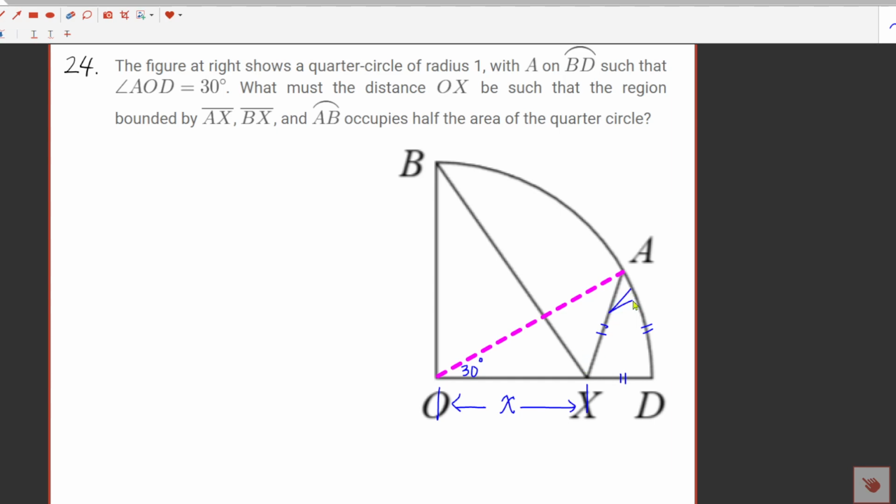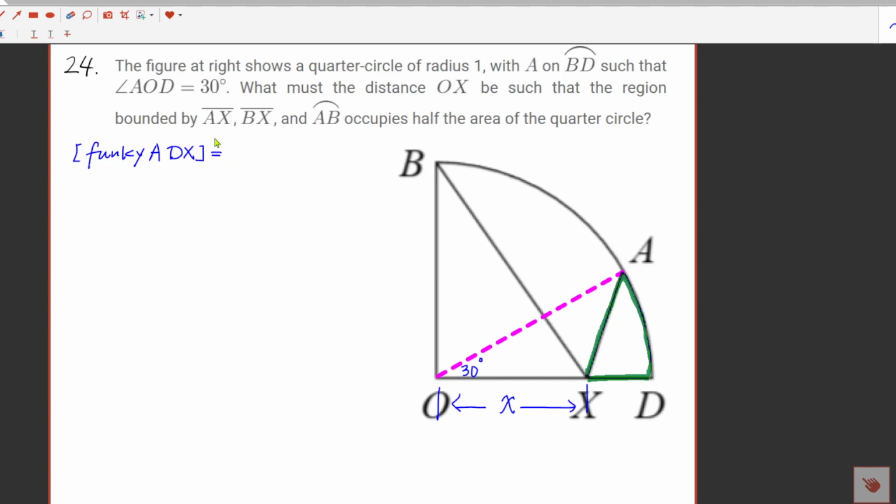Okay, first let's find this area. Again, let's call it funky ADX.